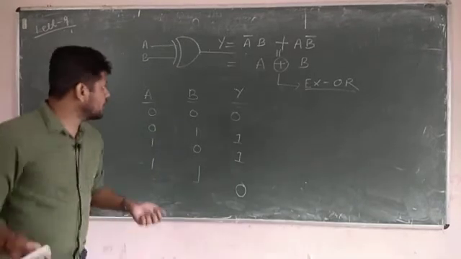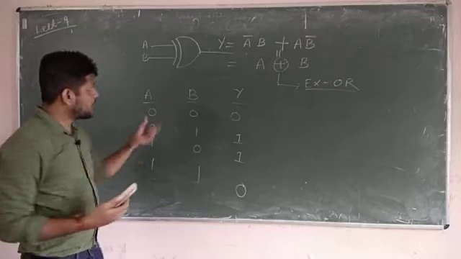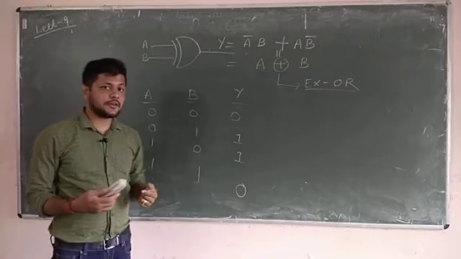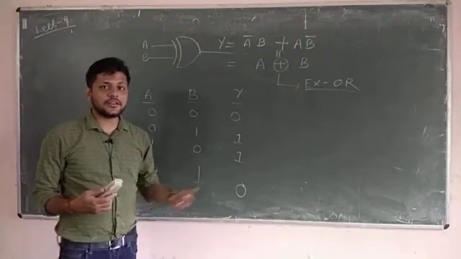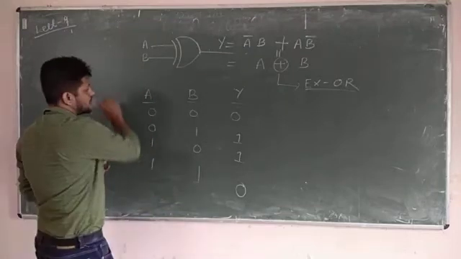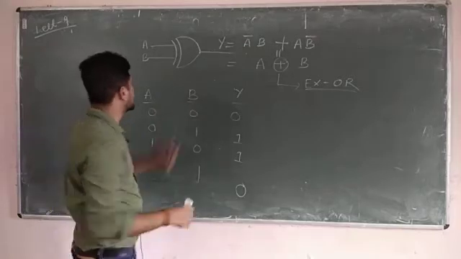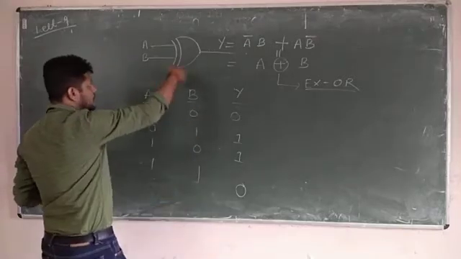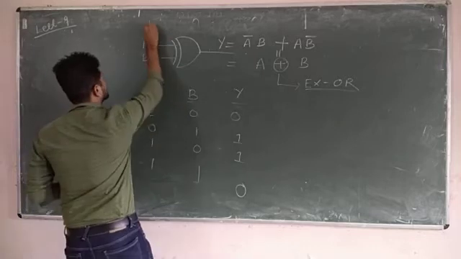Now I am going to discuss a few applications of the exclusive OR gate, and then I will teach you about another gate. So remember, this is the truth table, this is the expression for the exclusive OR gate, and this is the symbol for the XOR gate.